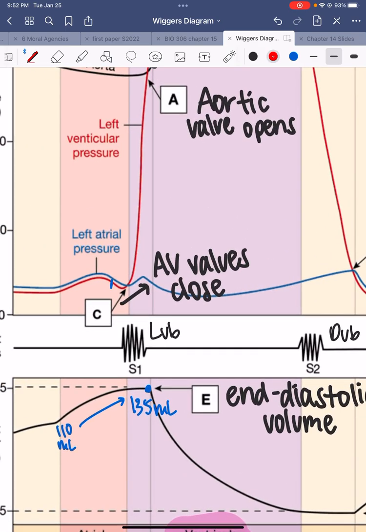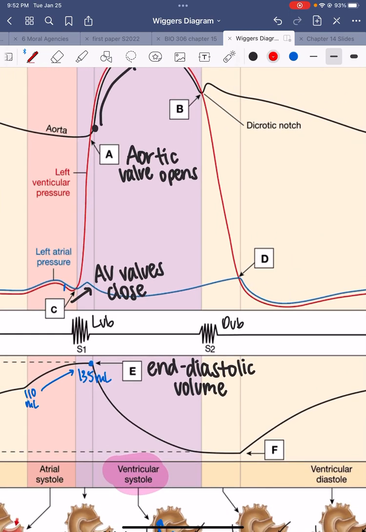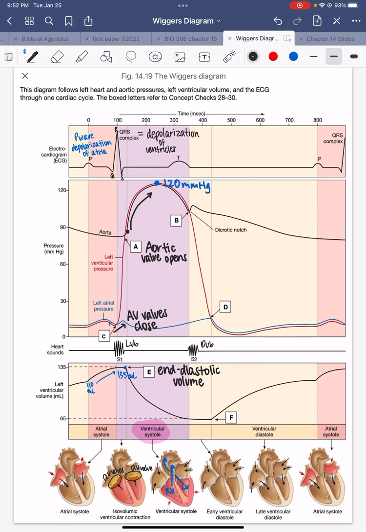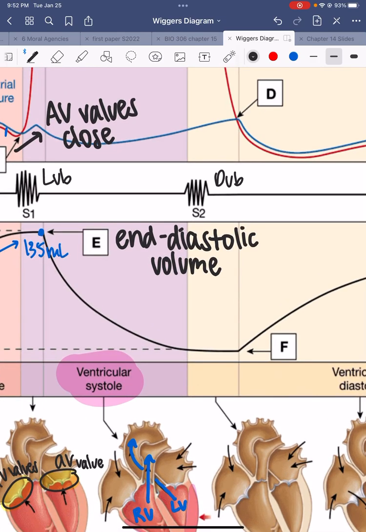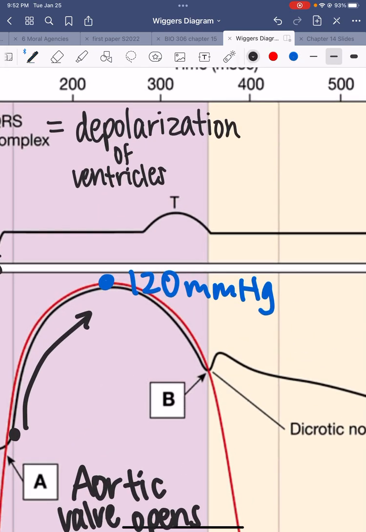I'm just estimating that one based on what the diagram looks to be showing. So, moving on, the volume of the ventricles decreases since blood is ejected out. And if you look at the EKG section at the top, the area labeled the T wave on the EKG line depicts the repolarization of the ventricles.